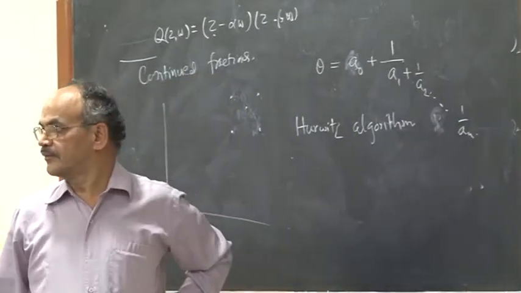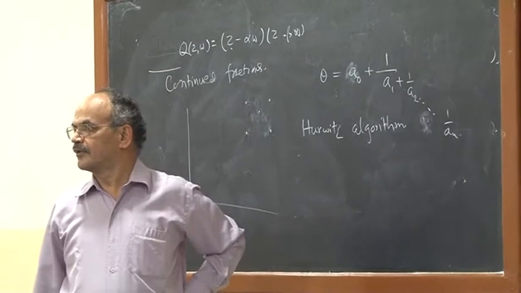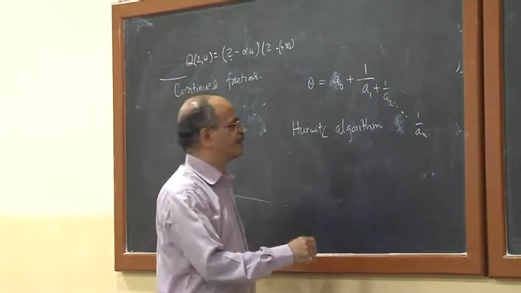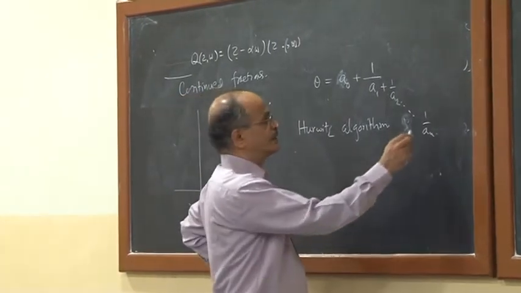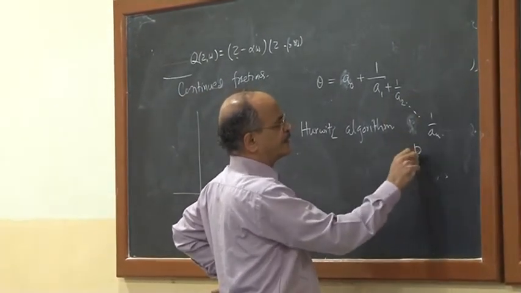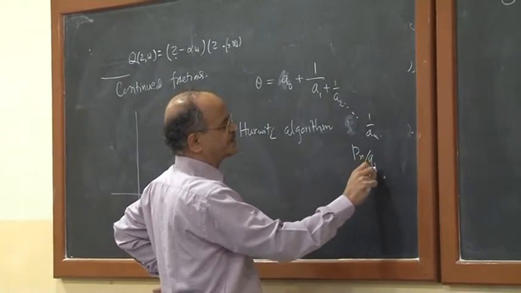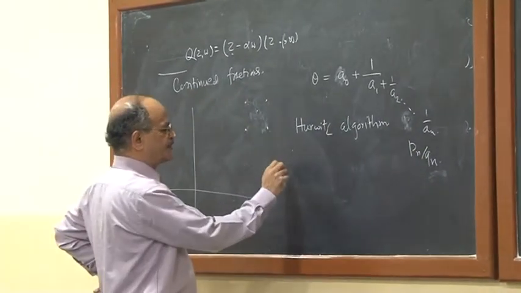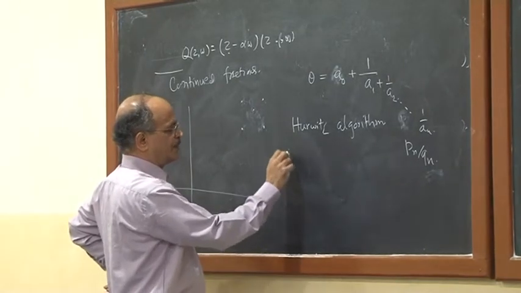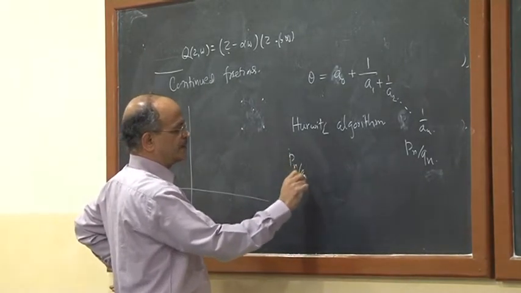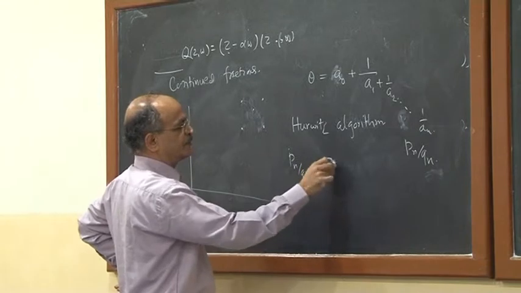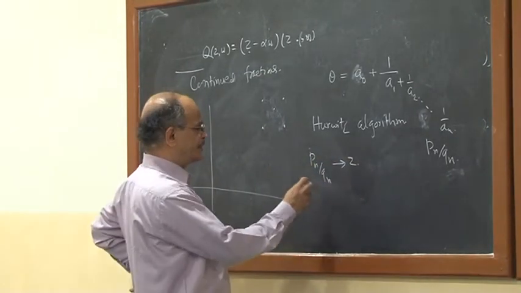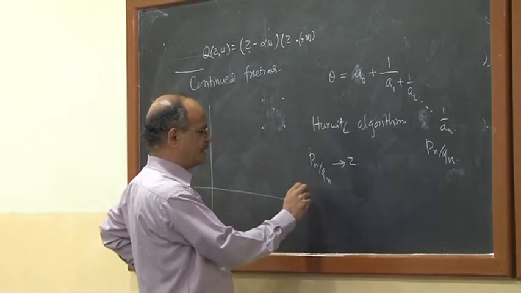There could be more than one nearest number that you choose, but we will not bother about that. You choose by something. So up to n, the rational number that you get, let's call it Pn by Qn, and Hurwitz proved that Pn by Qn in fact converges to Z, and also proved the analogs of some of the things that I mentioned.